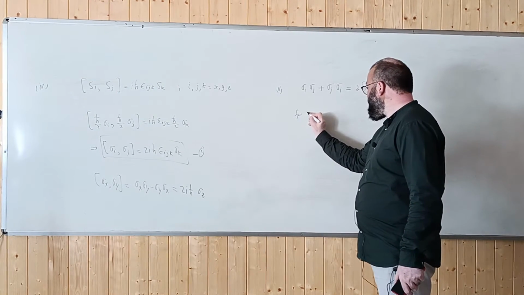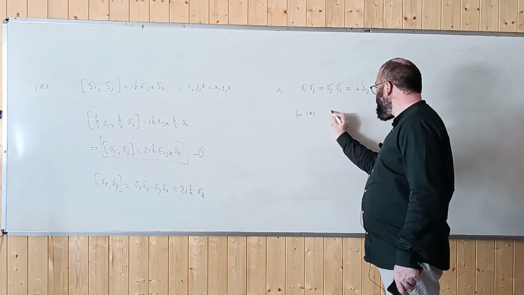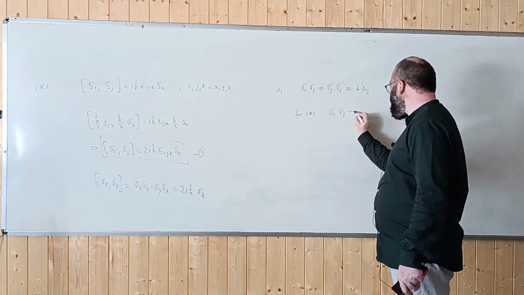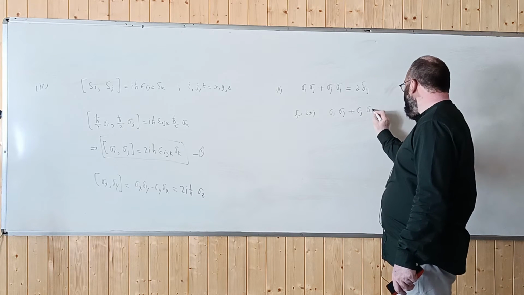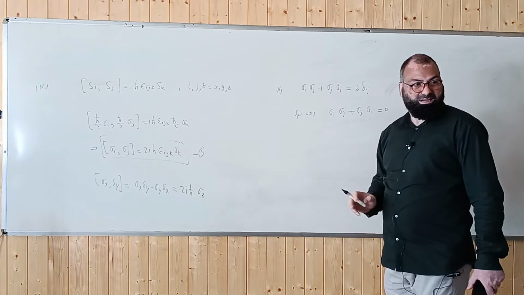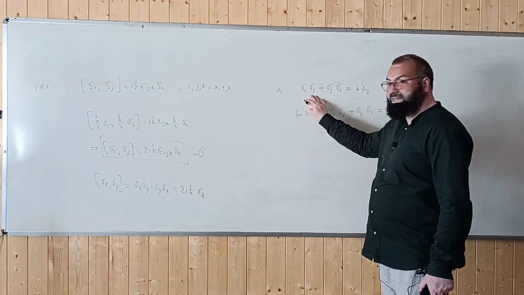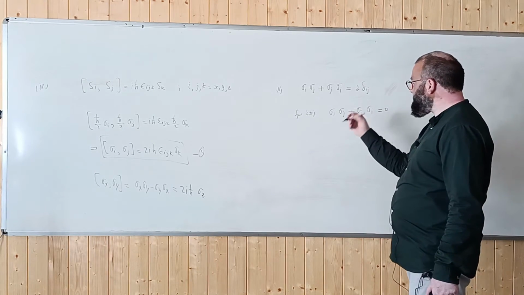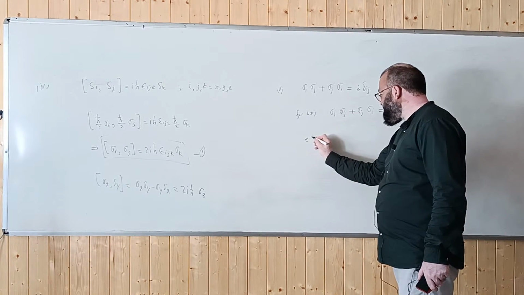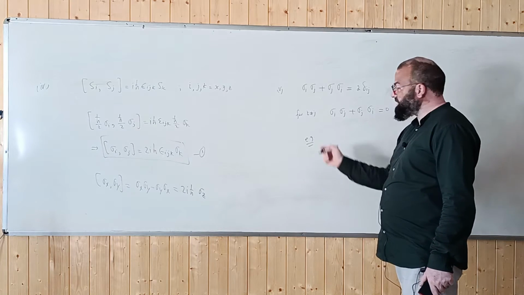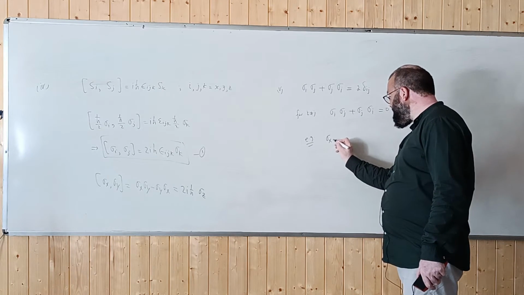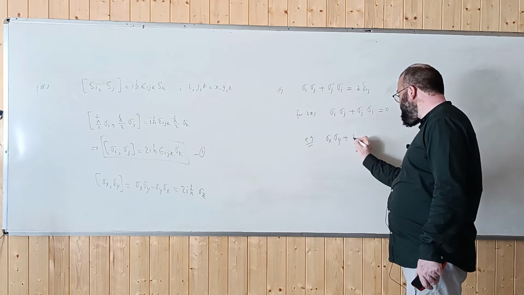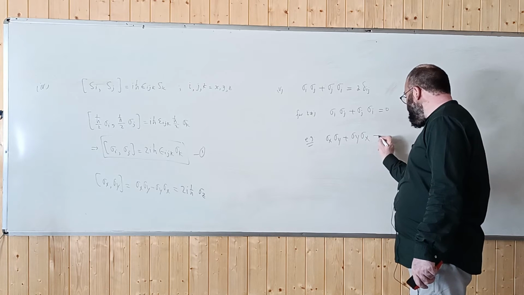What it means? For i not equal to j, sigma i sigma j plus sigma j sigma i is equal to 0. Clear? So this is an anti-commutator, and you can check it. For example, let me take i not equal to j. So I will take sigma x sigma y plus sigma y sigma x.